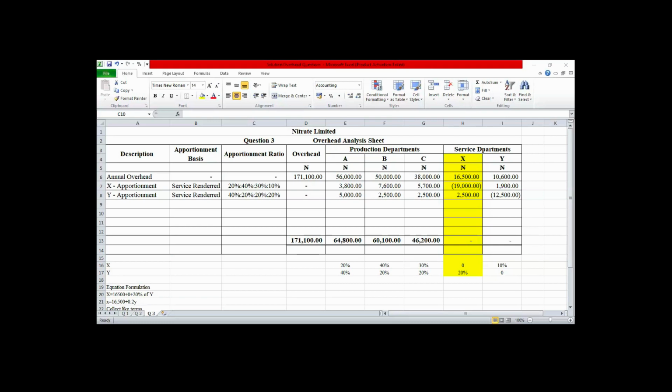For you to less X from both sides, at the right-hand side we are going to less X, and at the left-hand side we are going to less X. Then X minus X will cancel themselves. You are going to have minus 0.2y left.